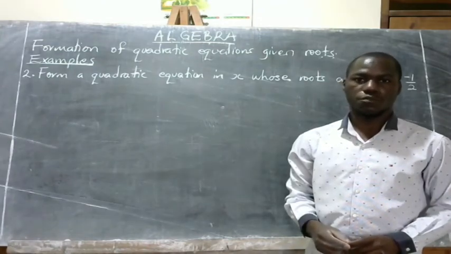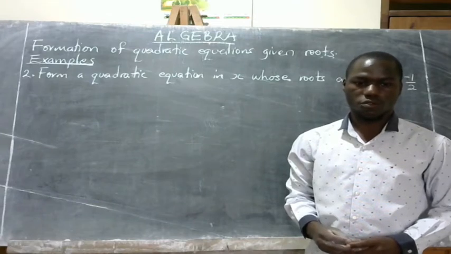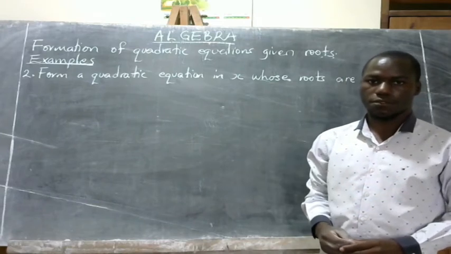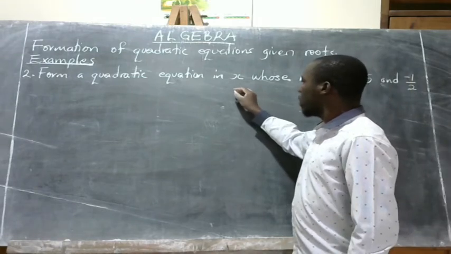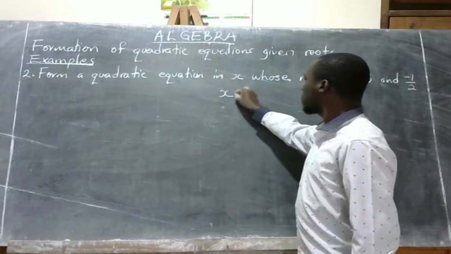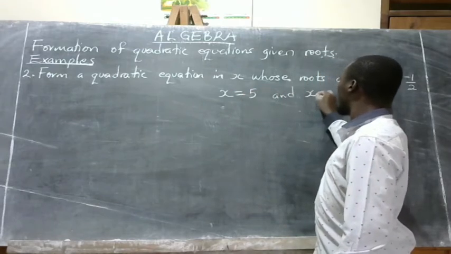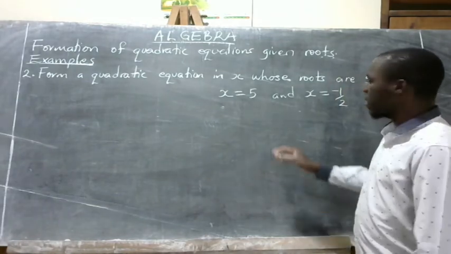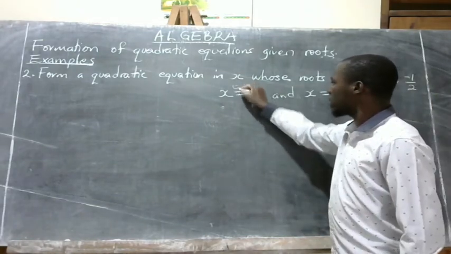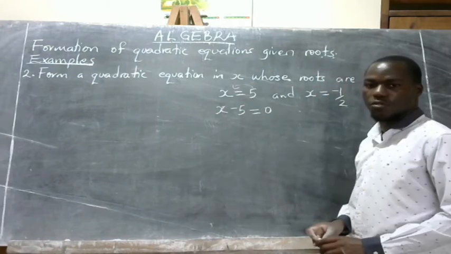Example 2. Form a quadratic equation in x whose roots are 5 and negative 1/2. So the solutions, one is 5 and another is negative 1/2. Then taking this the other side, this is going to be x minus 5 is equal to 0.